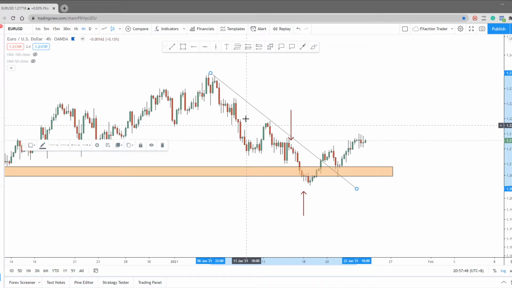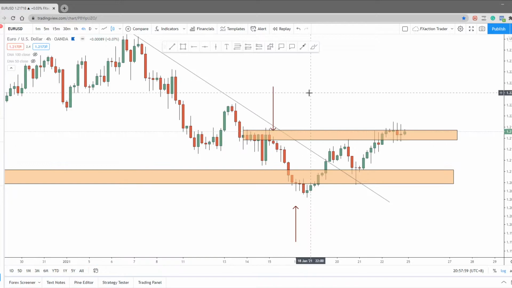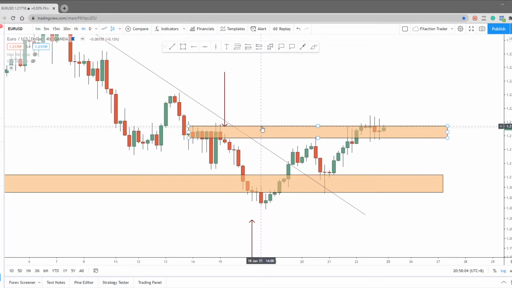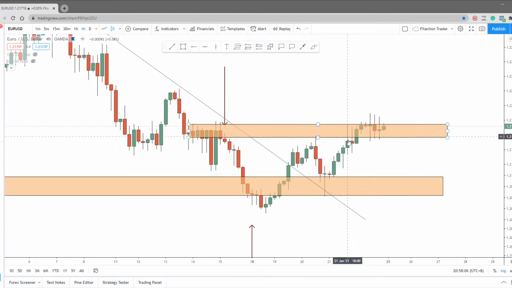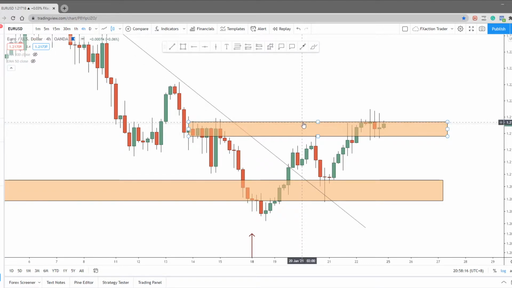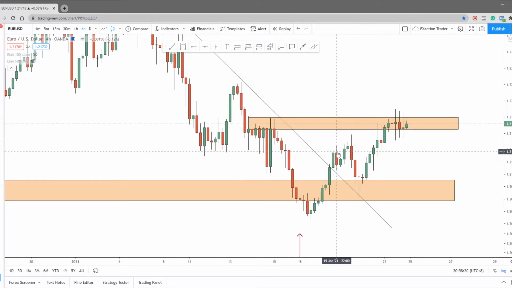And if we identify again the key level on the H4, market has actually retested this very important key level, but this is not a good sign for us to go for a buy call yet, because market has not really broken up this important key level or important resistance level on the H4 chart.